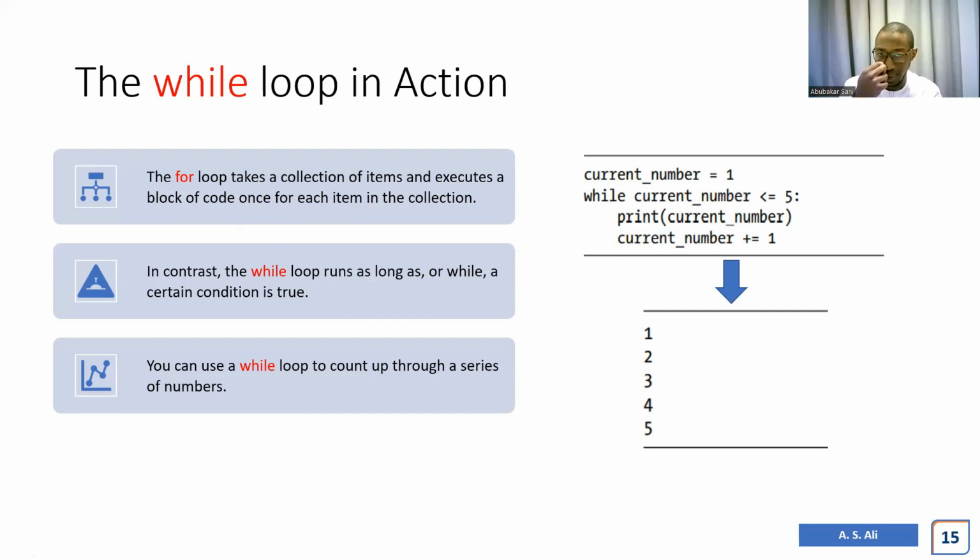However, in the while loop, we can allow it to run as long as we want. As long as a certain condition is true, a while loop can continue running forever. For the for loop, the moment you exhaust the list, it stops.